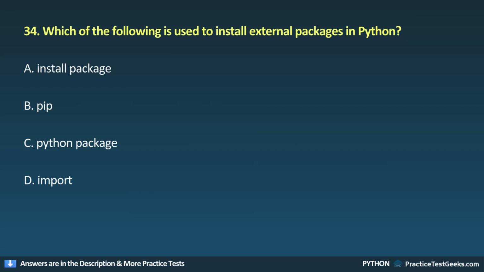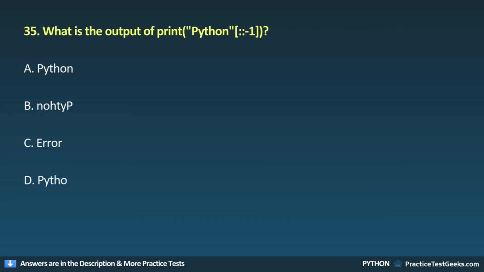A. install package. B. pip. C. python package. D. import. 35. What is the output of print('Python'[:-1])? A. Python. B. Pytho.